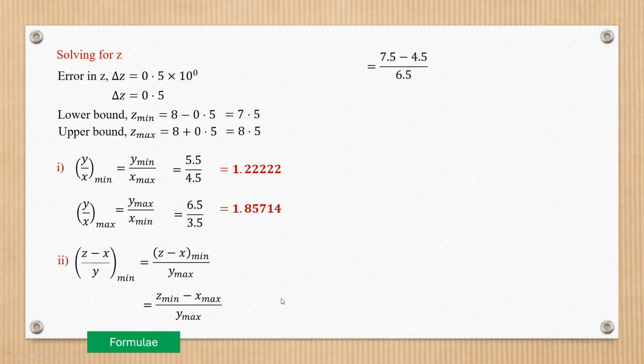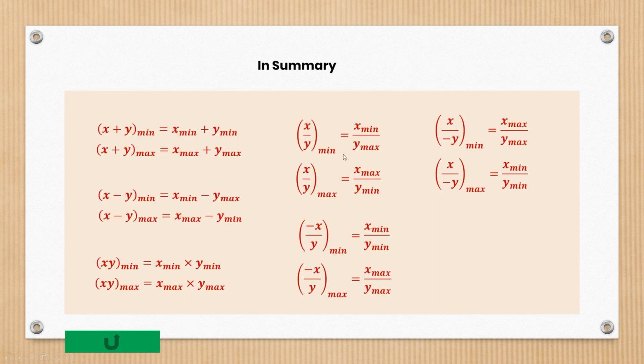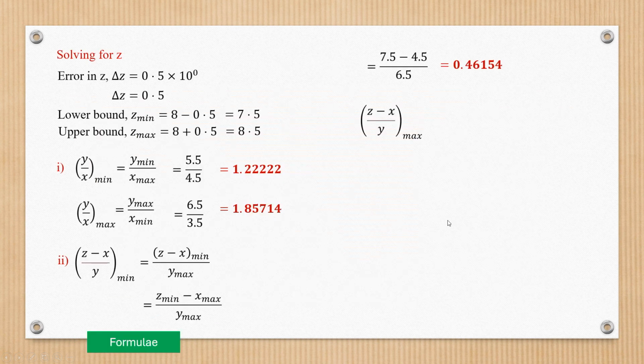Then we can now put in the values. So z min is 7.5 minus x max, which is 4.5, over 6.5, and the answer shall be 0.46154. Then we'll look at the maximum part of it. Let's look at it. I'll have max at the top and the minimum at the bottom. So I'll have z minus x max over y min. Now we have a subtraction here.